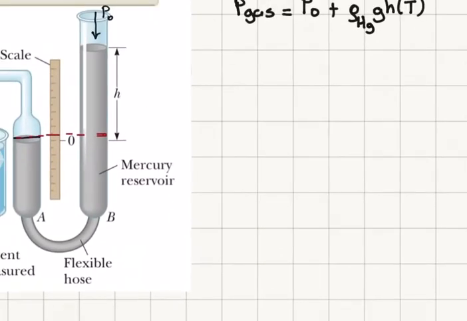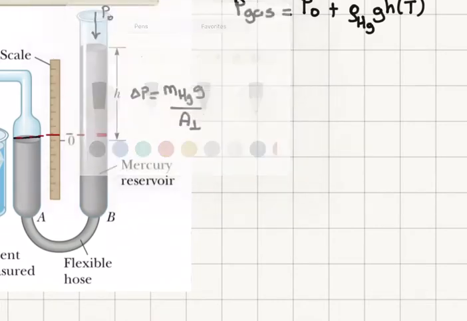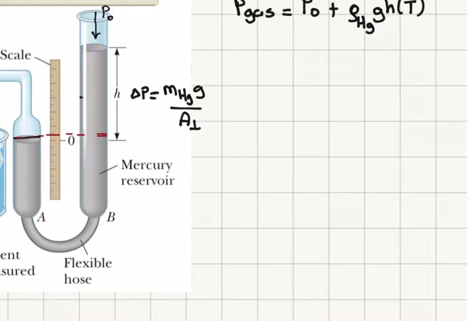So you have a pressure differential here between these two points. The delta P is the weight of the mercury, m mercury g, divided by the perpendicular cross-sectional area. And where is that perpendicular cross-sectional area? It is this area.